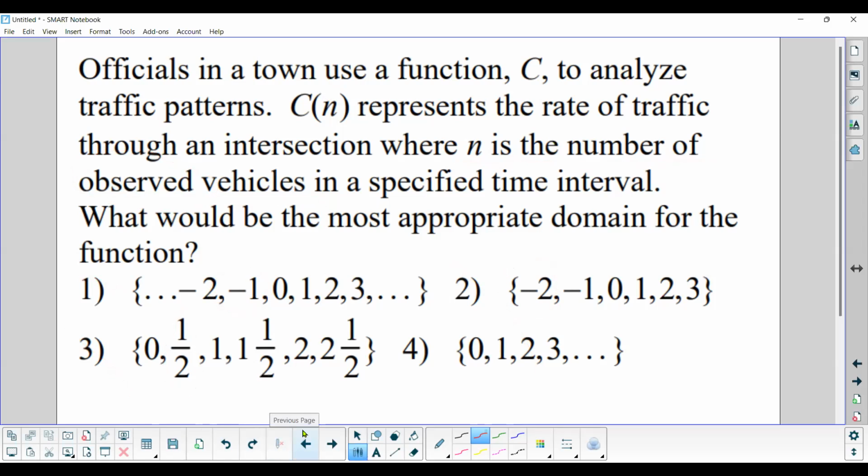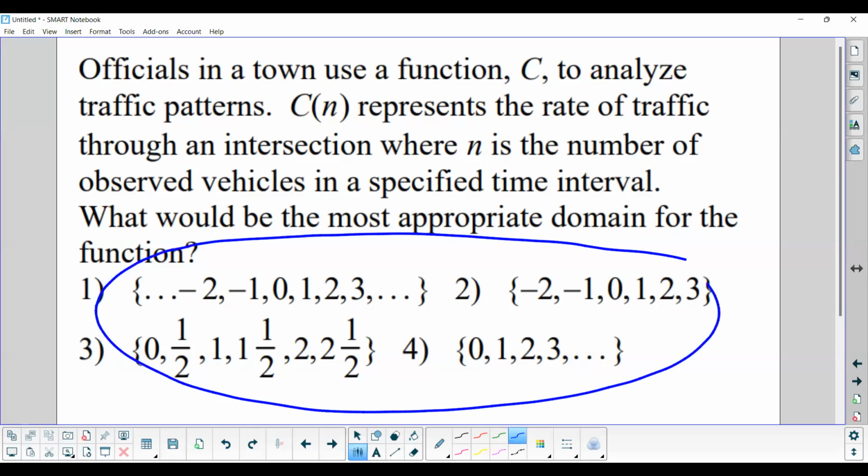This topic on domain has to do with potential input values. So one of the problems we were working on in the game today was complete products, right? So they used words: whole numbers, real numbers, rational numbers. And this time they didn't use words, they used actual sets of numbers.